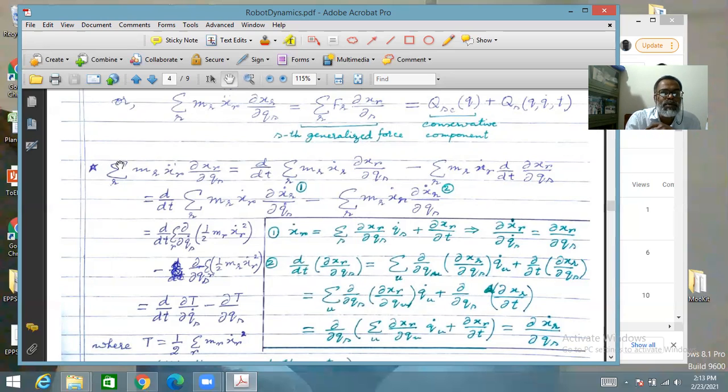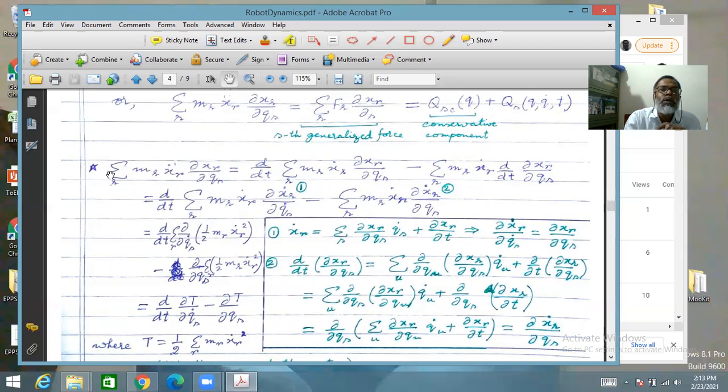Problem is here. The derivative of mr xr single dot into this will be derivative of mr xr dot into this, which is here, plus mr xr dot into derivative of this. That will be the extra term.